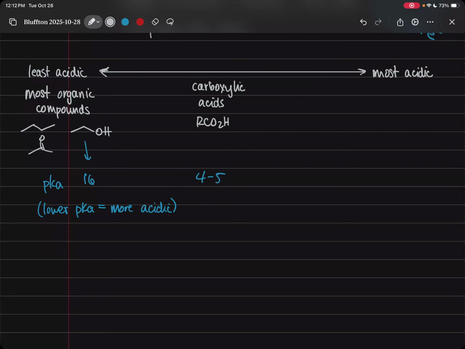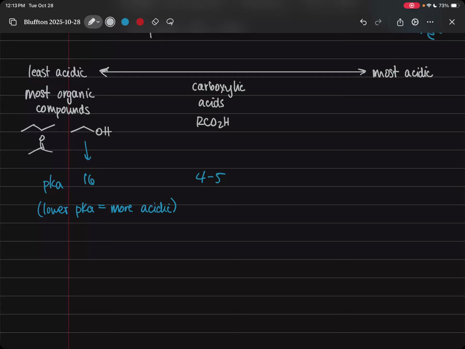And this is on a logarithmic scale, so that's like 10 orders of magnitude, which is, I don't know, bazillions. So carboxylic acids are bazillions of times, that's a scientific term, stronger than something like ethanol, just because of that resonance that I showed. So it's a huge difference.